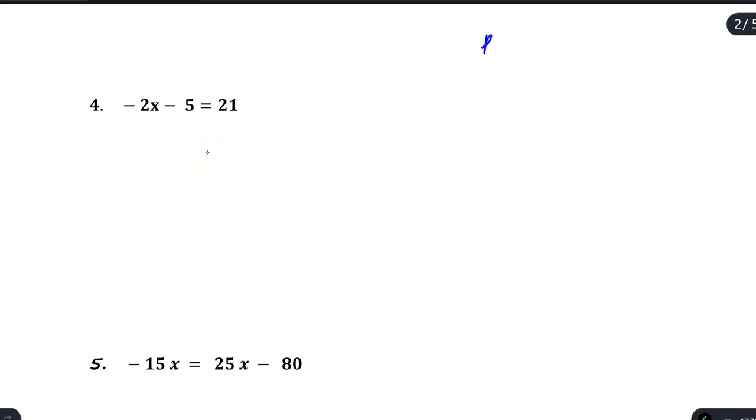So let's go over that BADMAS. Brackets, exponent, division, multiplication, addition, and subtraction. If you have an expression, then you must perform this order of operations. But when you are solving for x, you cannot get rid of the negative 2 first, you have to get rid of the subtract 5 first.